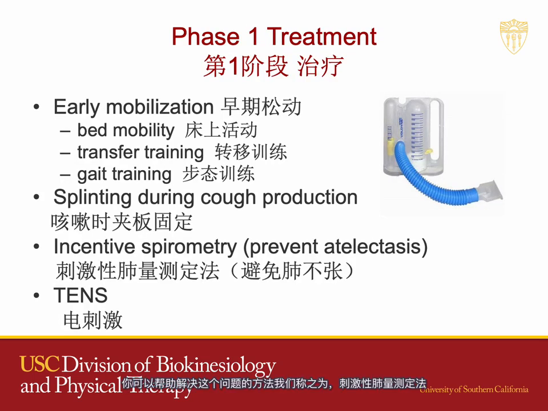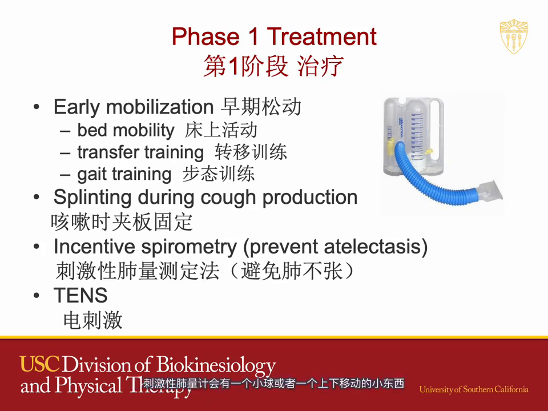One of the ways that you can help with that is what's called incentive spirometry. This is a picture that's here. So what this does is it gives the patient kind of biofeedback to show them that they're taking a good inspiration of the breath. So they're opening up their lungs, they're letting the ribs move up or out or both.